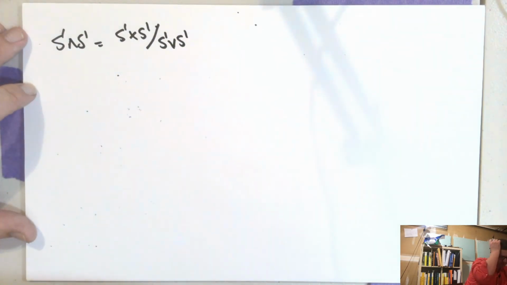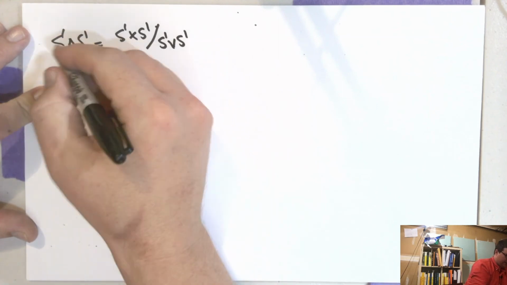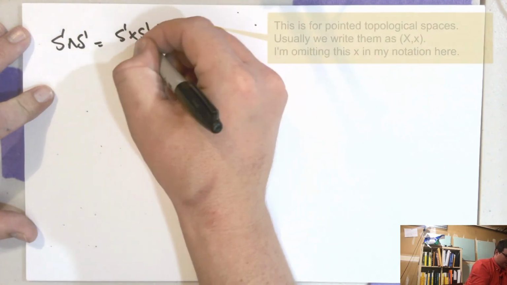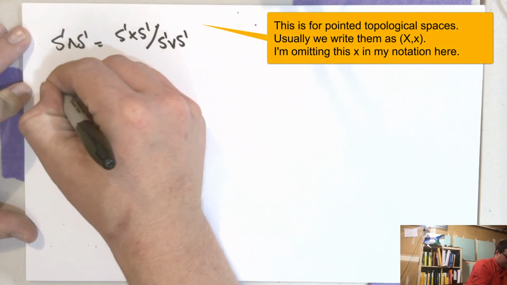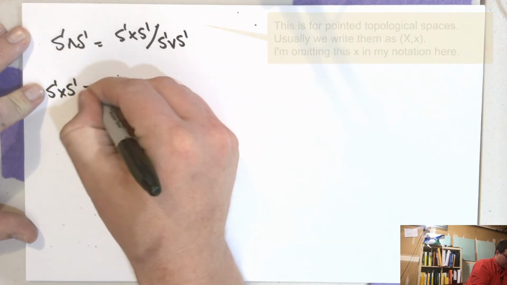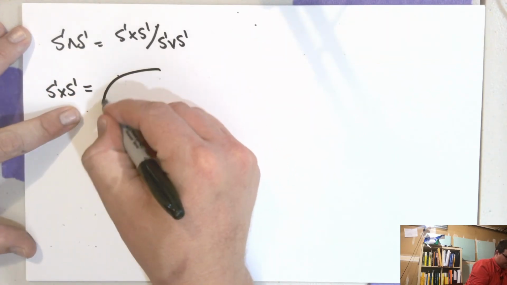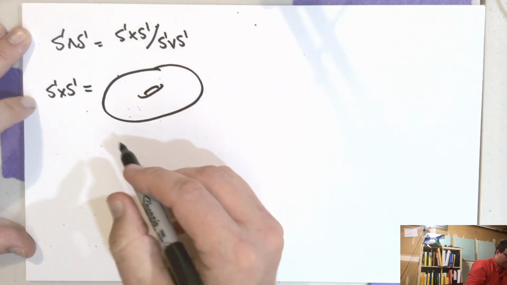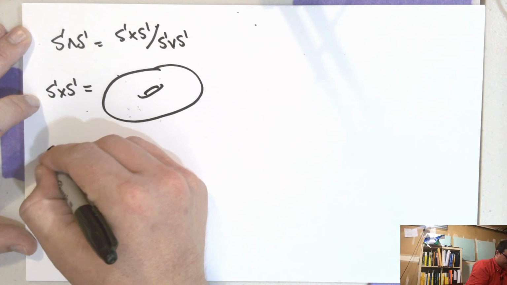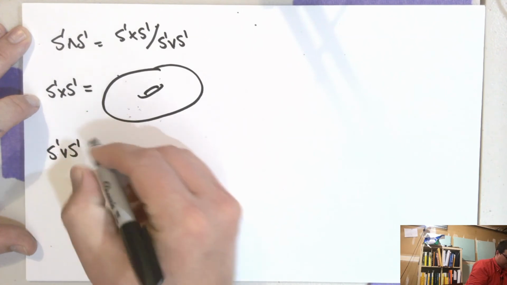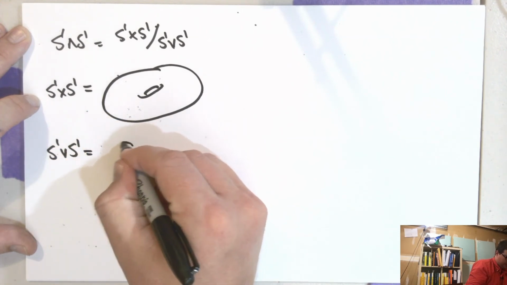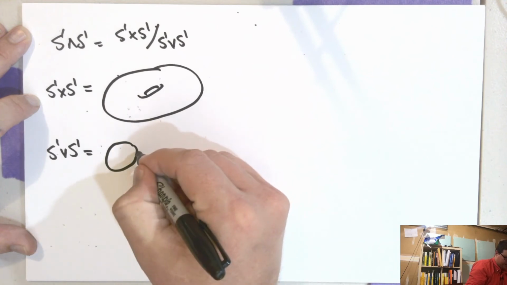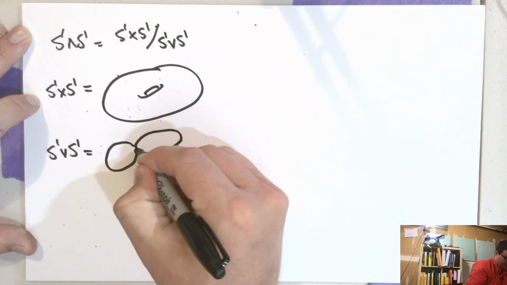Okay, and so this thing here is a torus. Okay, S1 wedge S1 is this loop and this loop, and they're identified at a point.